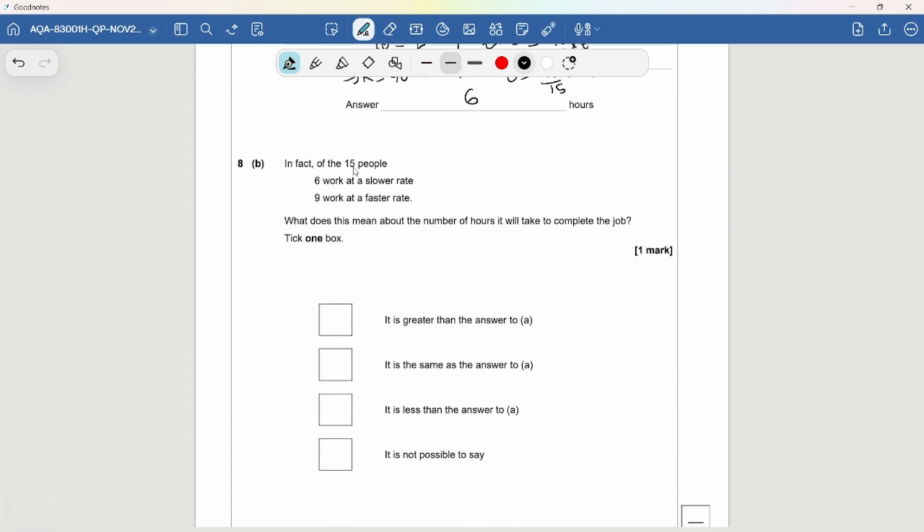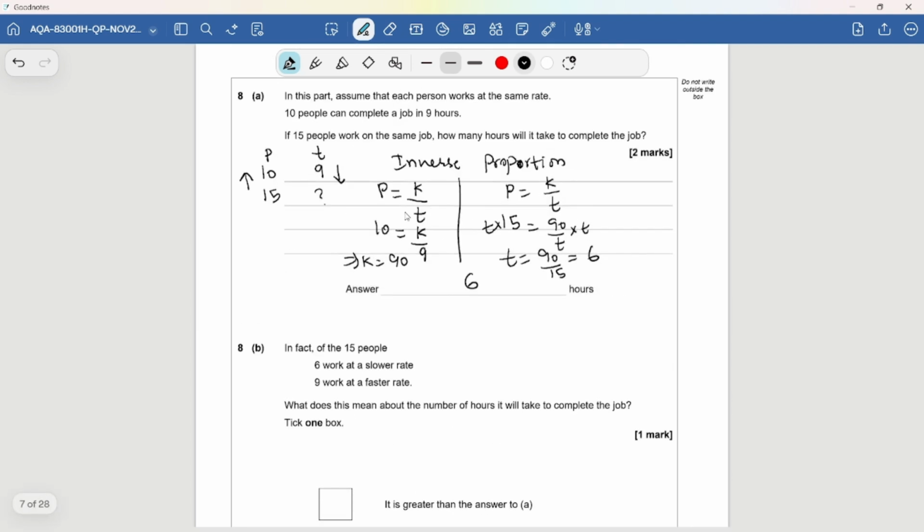In fact, of the 15 people, 6 work at a slower rate and 9 work at a faster rate. What does this mean about the number of hours it will take to complete the job? For the same job, out of the 15 people, 6 of them work slowly and 9 of them work faster.